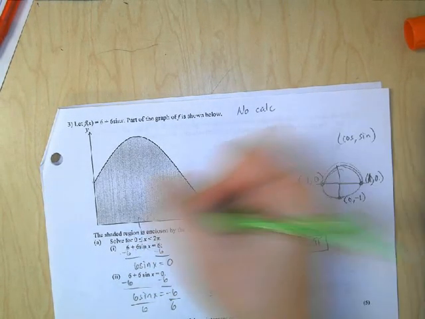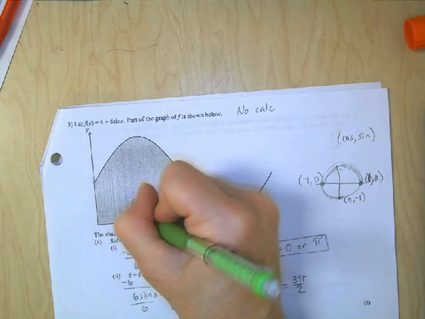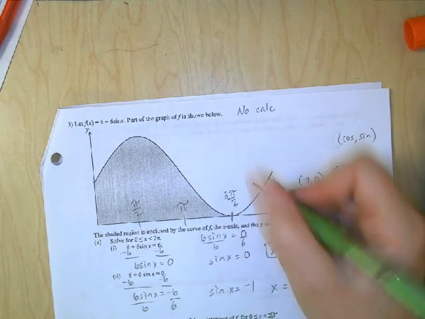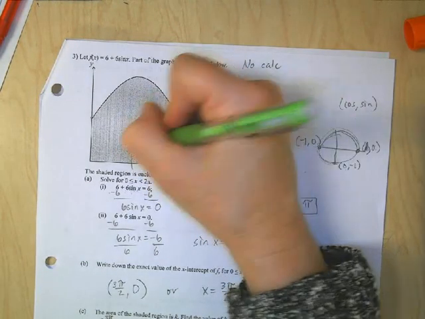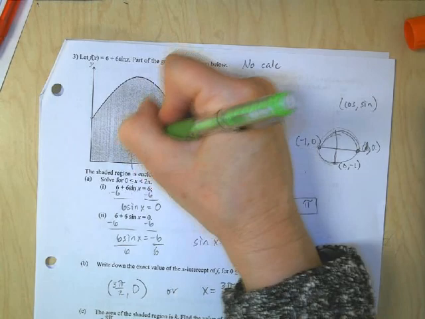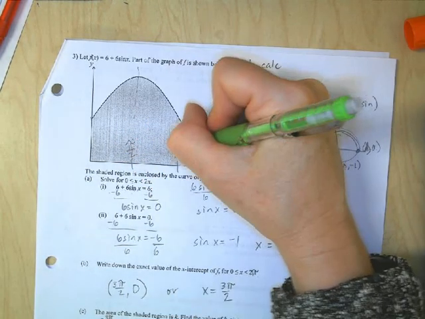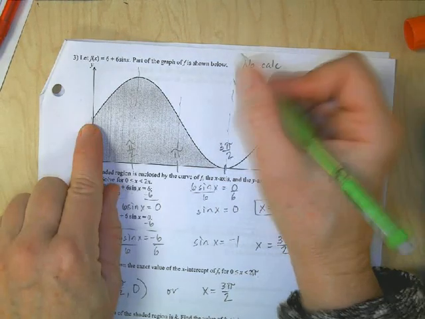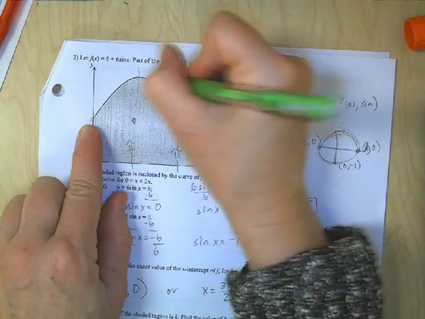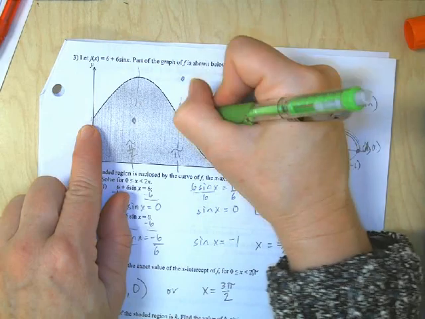So this would be pi over 2, this would be pi, and there's 3 pi over 2. So this whole thing is being shifted over by pi over 2. So if I get some points on here, I'm going to shift every point over pi over 2. So I'm shifting this over.